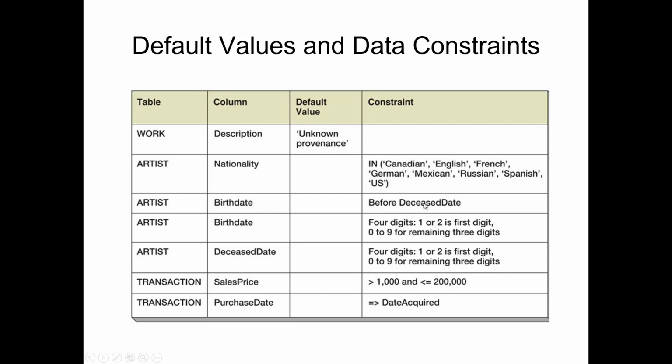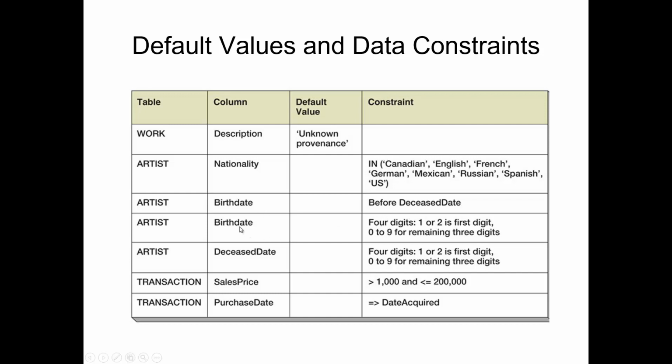And then we have the birth date. It's supposed to be before the deceased date but not after, so we have to make sure that it's before, not after. Sometimes somebody enters a date that is wrong, so the database by itself will verify that this date is wrong and it will give you an error message until you correct that.